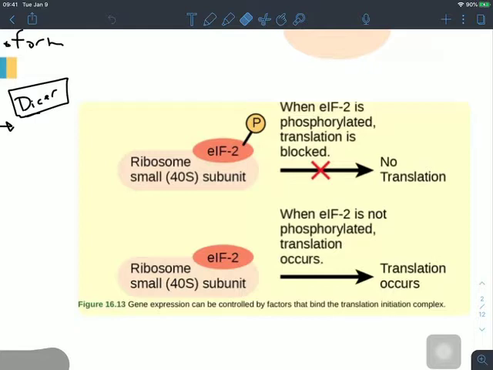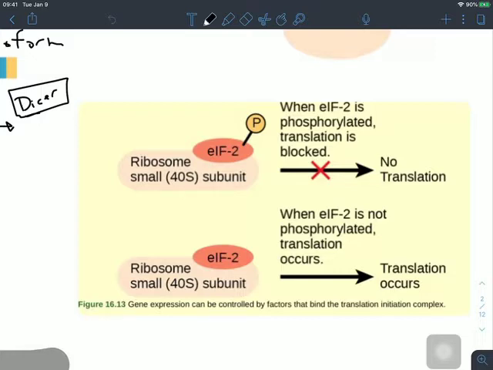Now what this image is showing are some modifications that can occur to the small subunit of the ribosome to either progress or stop translation from occurring in the first place. And the way this works is that the small subunit of the ribosome is going to have to interact with the EIF2 protein.